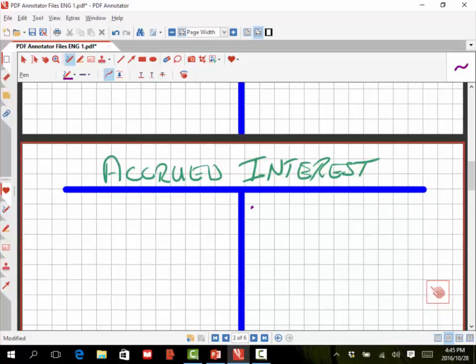So that will be interest paid, and the amount is 4,084. Now we have provided for the interest payable for that period at the average rate.